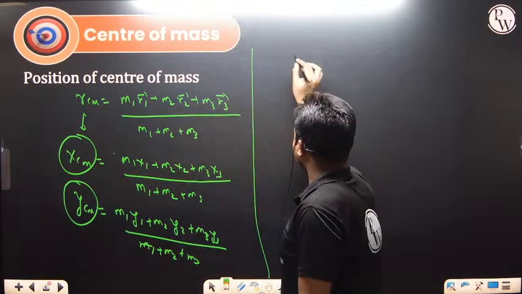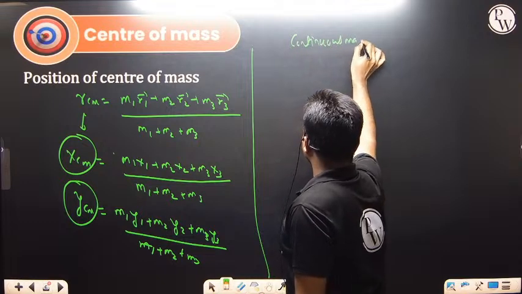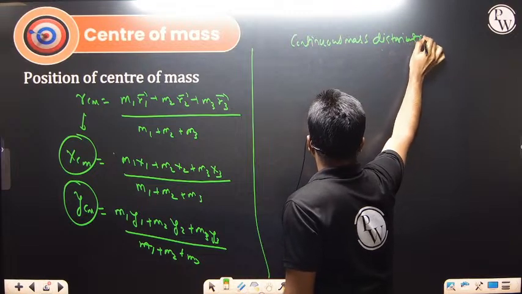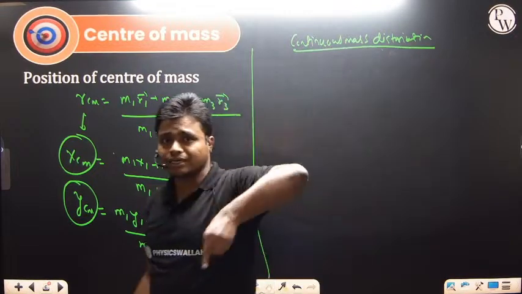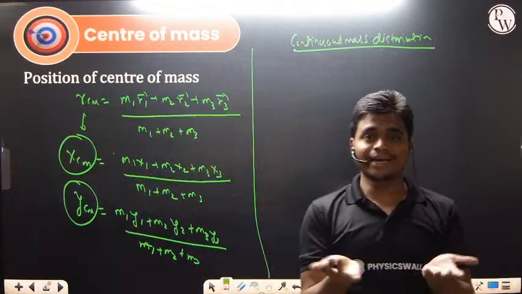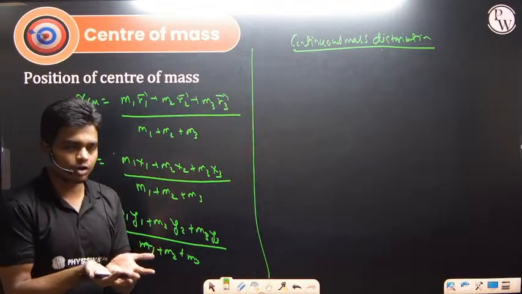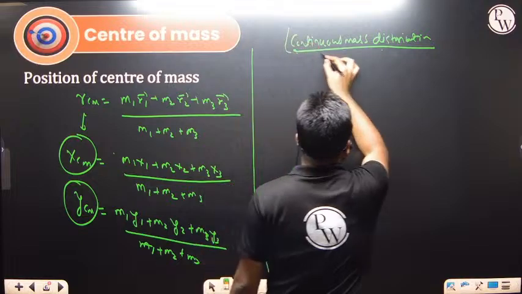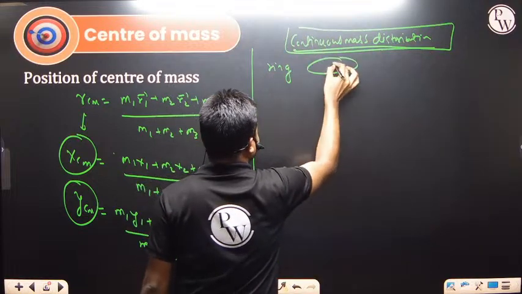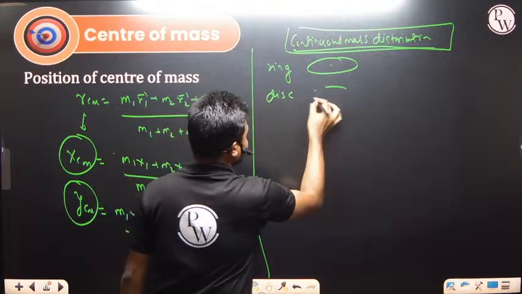Suppose they give a continuous mass distribution. What is continuous mass distribution? For example, a ring where the mass is distributed continuously over its circumference, a disk where the mass is distributed over its area, and a sphere where the mass is distributed over the volume. For a ring, the center of mass is exactly at the center.